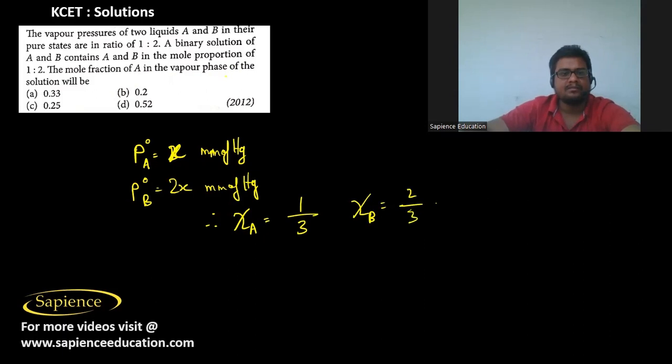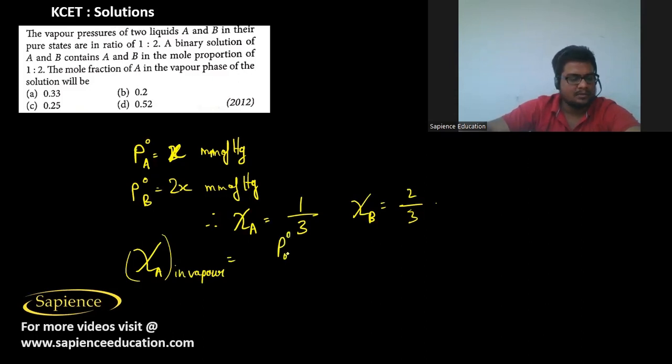Now the mole fraction of A in the vapor phase of the solution will be. So the mole fraction of A in the vapor phase will be equal to P naught A by P naught A plus P naught B. So that will be x by x plus 2x.